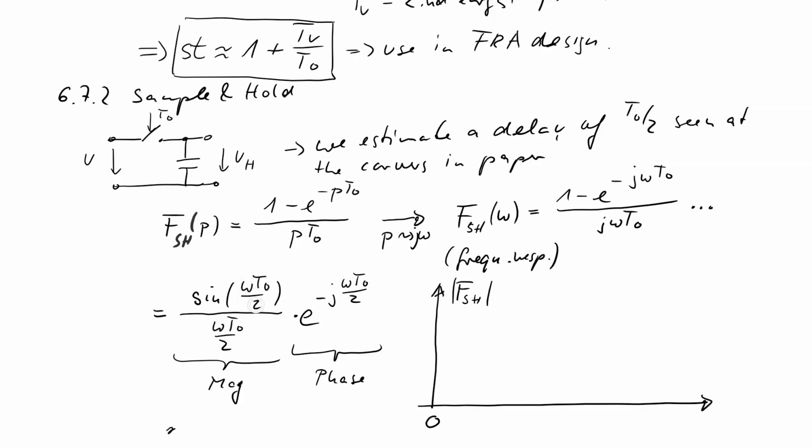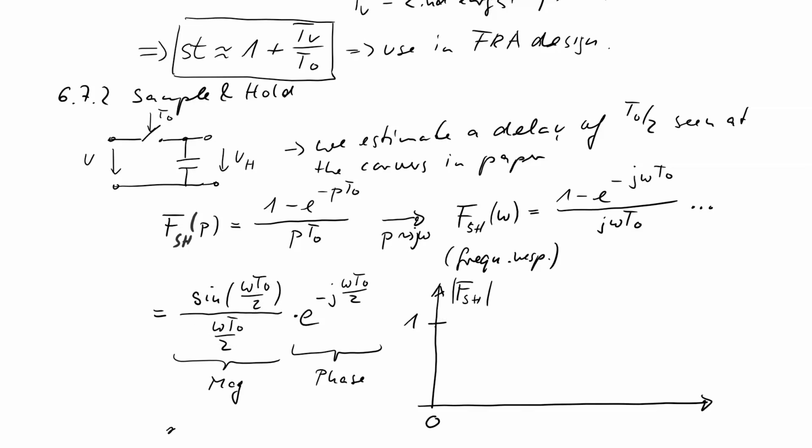Then we have zeros, that are the zeros of the sinus function. And there is a special case as omega goes to 0. Then we have the ratio 0 divided by 0. But if you solve this with L'Hopital's rule, the final result is 1. The magnitude at small frequencies is 1.